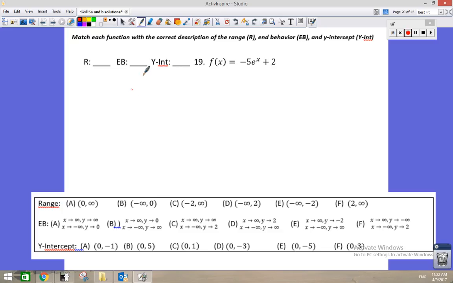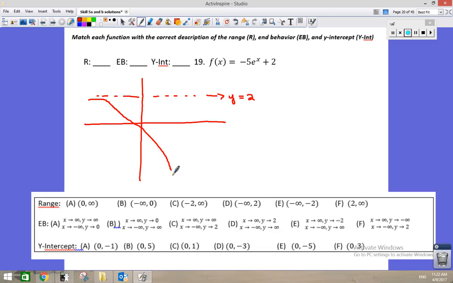I know that a rough sketch of this graph, a very rough sketch, here's the line y equals 2. It's going to look something like this, right?